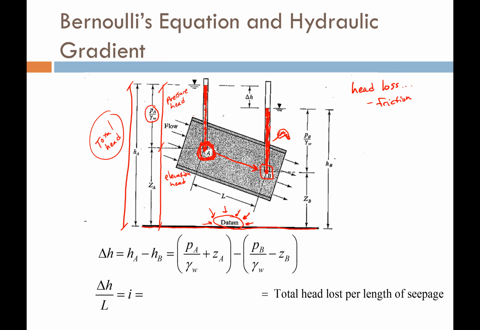The water has to work its way around the soil particles, and in doing so, it loses energy. How much energy? Well, it's just the difference in the total heads. The difference in the total heads between point A and point B is the total amount of head loss, or energy lost, in the flow of the seepage of the fluid through the soil.